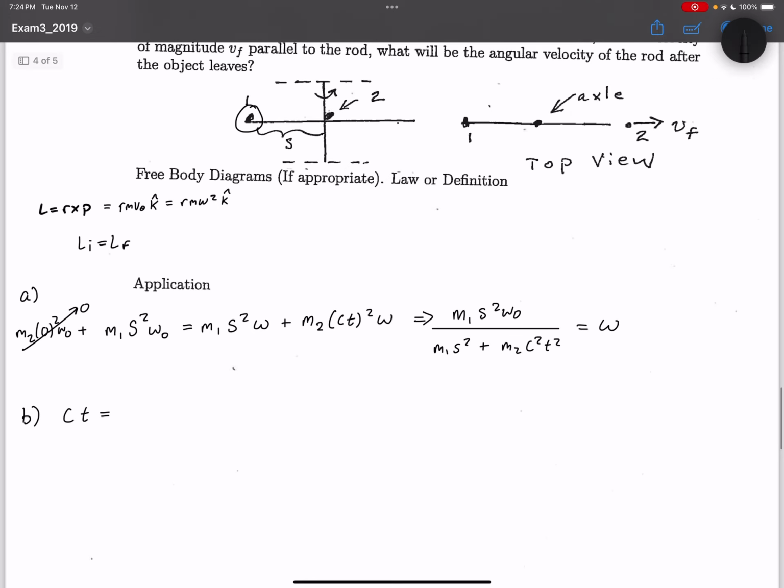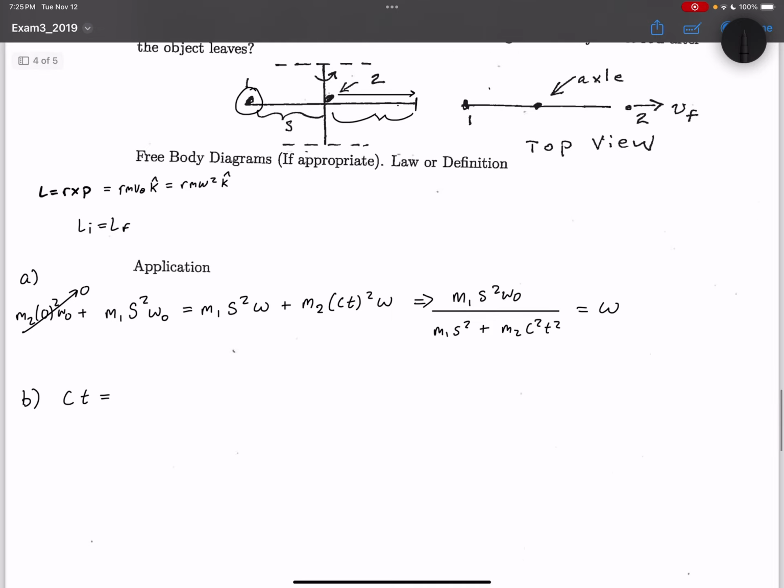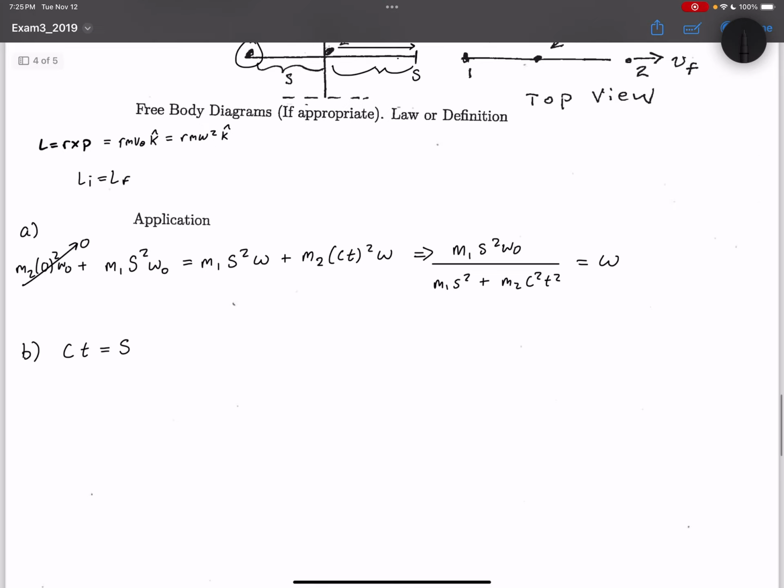The rod has length s, so this mass has to move a length of s to the edge. Once ct equals s, that is the time at which mass 2 is about to leave the rod, the instant before it leaves.